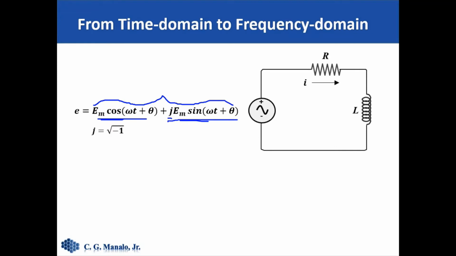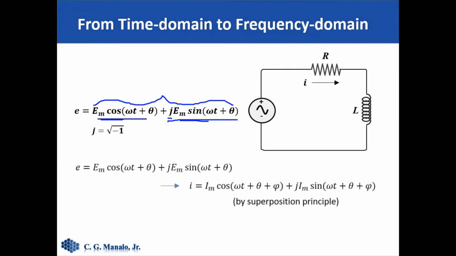So the question now is, what would be the response of the circuit? Given this complex source, let me write the response to be in this format. So what is this response all about?